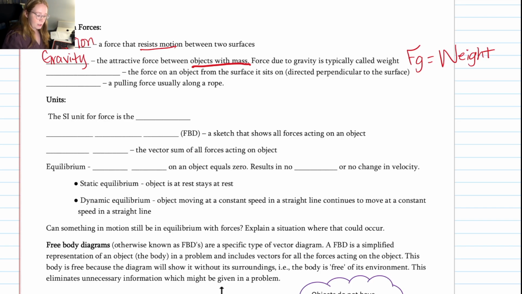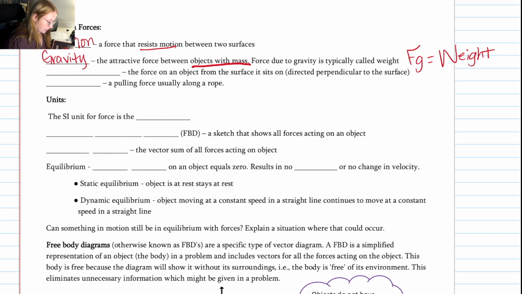The mass is about your matter or atoms, and mass does not change going from one location to another. So if I was on the moon, I'd have the same mass as on Earth. But if we're thinking about weight, it really depends on the acceleration of gravity on that specific planet or wherever we're at. So force of gravity will be changing because your acceleration will change. It won't be negative 9.8, but the mass itself will not change.